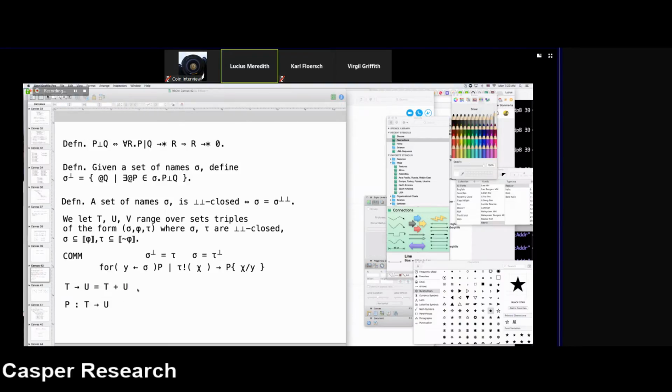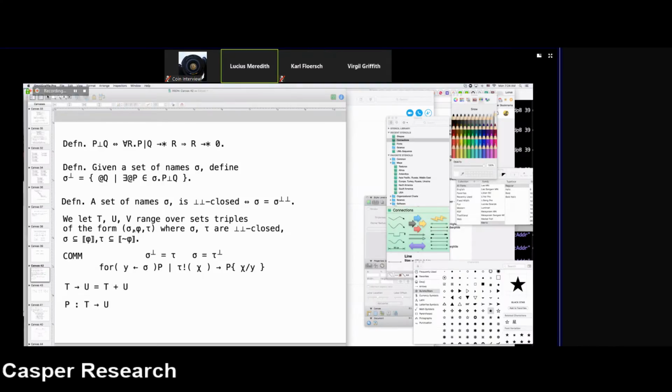So in particular, what this implies is that the names in these sets are disjoint from each other. So these things don't intersect with these things. So the sigmas don't intersect with the taus.